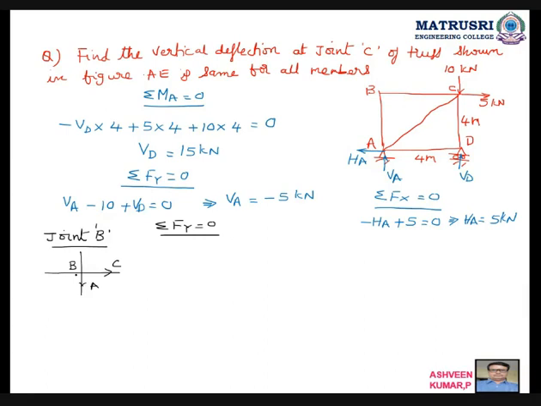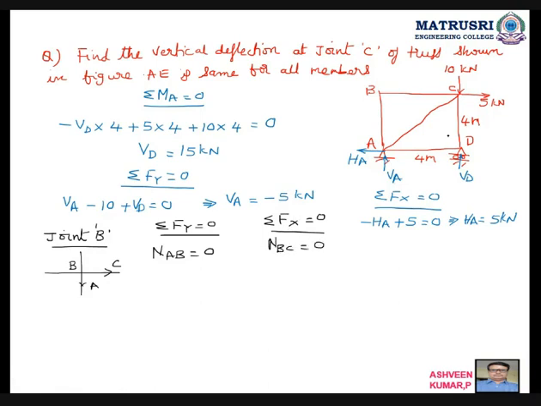What do you have here? BA, nothing is there. So NAB is equal to 0. Similarly, sigma Fx is equal to 0, nothing is there, only NBC is equal to 0.